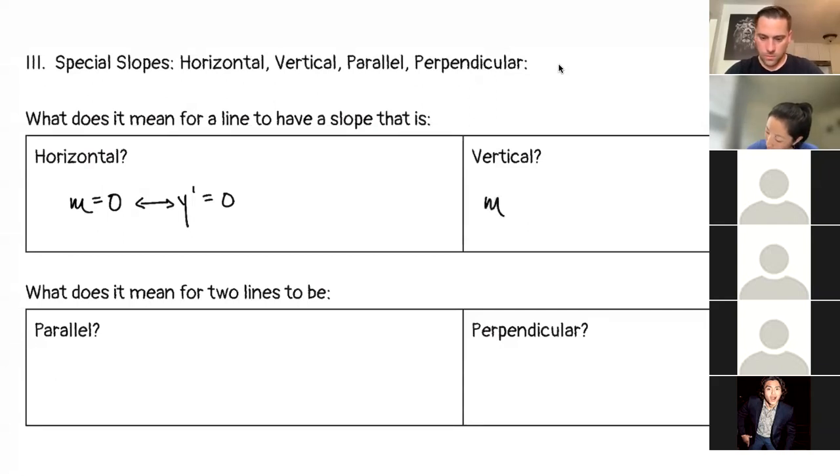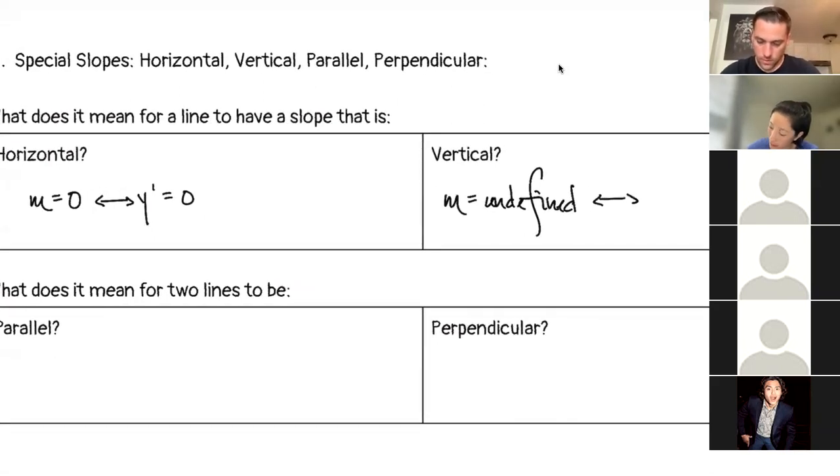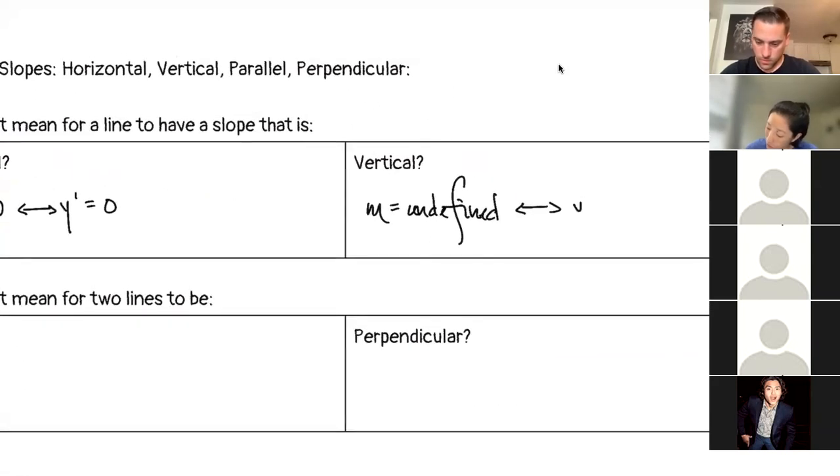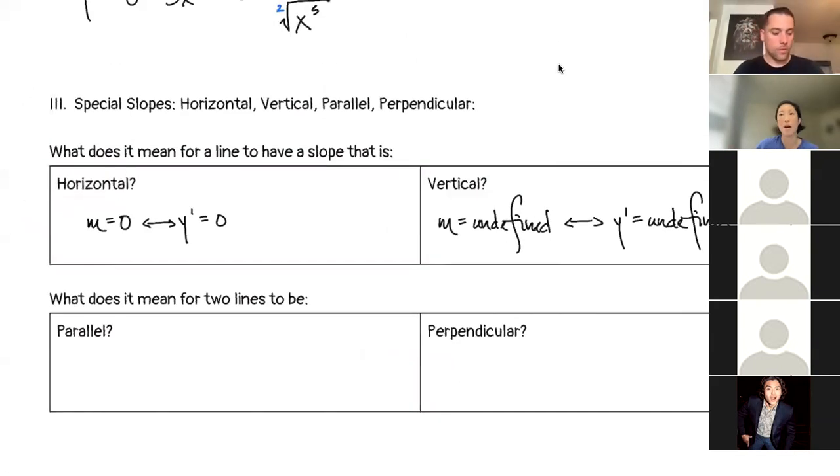Okay, so we can say m here is undefined. And if we use the same idea as we did before, m equals 0 means y prime equals 0. If we say m is undefined, we're really saying y prime is undefined, okay? So we have 0 and we have undefined.